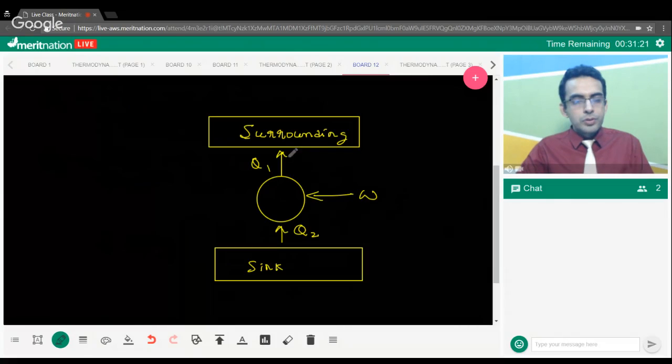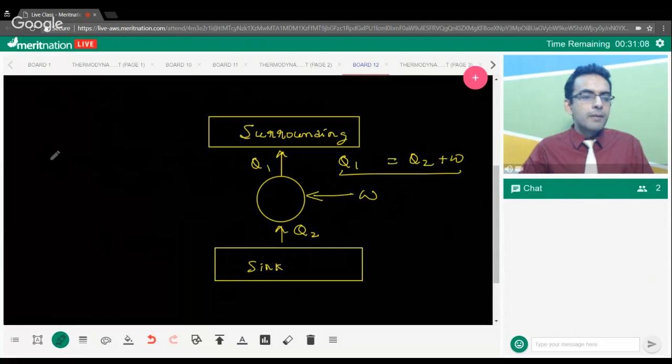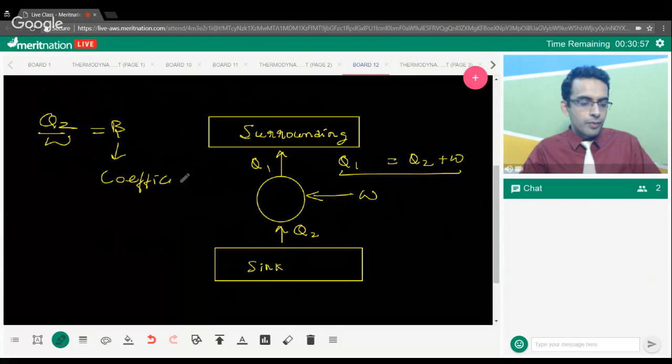So from here also you can see Q1 is equal to Q2 plus W. Okay. So students, this Q2 by W is known as beta, or the coefficient of performance.